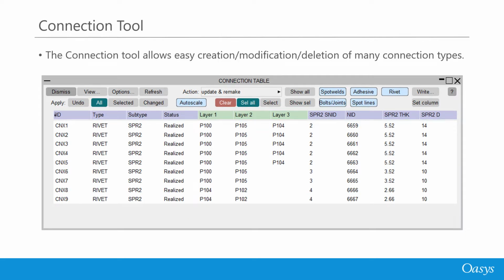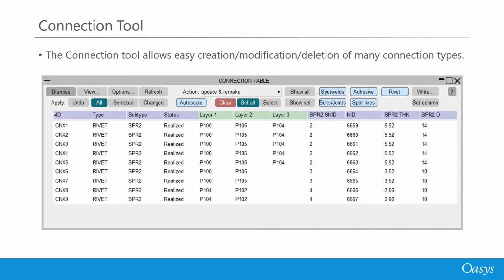First, a quick reminder of the benefits of the connection tool in Primer. The Connections tool allows the user to easily create, modify, and delete spot welds, bolts, adhesives, and other connections. The connection entity allows Primer to store all of the information that makes up the appropriate connection.